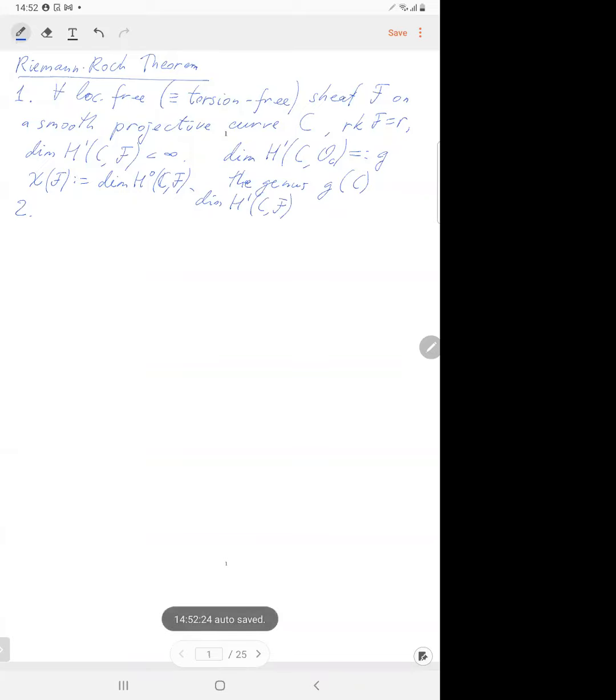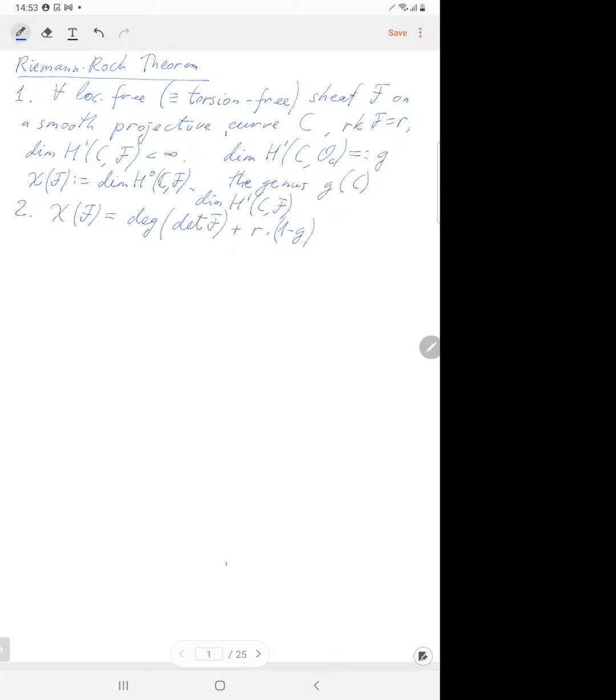It makes sense because of this deep finiteness statement that the first cohomology is finite dimensional, and zeroth is also finite dimensional. And now, granted this, the Euler characteristic of our sheaf can be computed as the degree of the top exterior power, which is an invertible sheaf, a line bundle, so we know what is the degree, plus rank times 1 minus G.